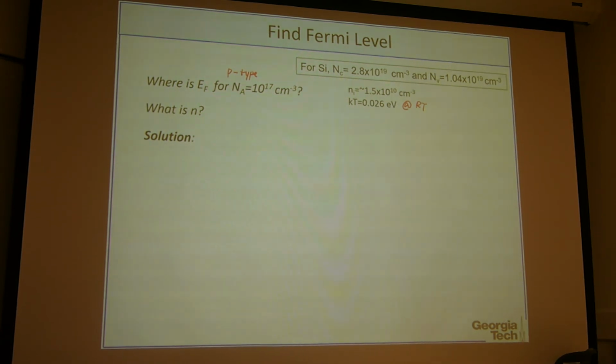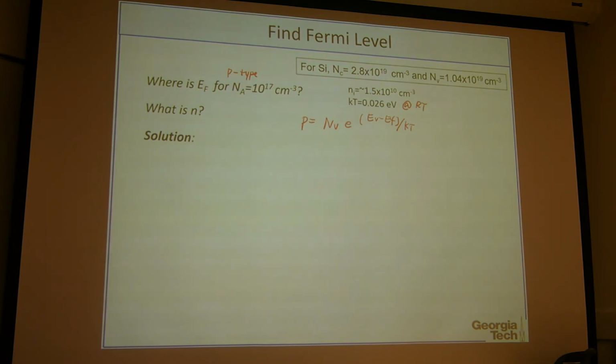Yeah, so we can start from the equation for the hole density. You know p equals NV exponential of (EV minus EF) over kT.